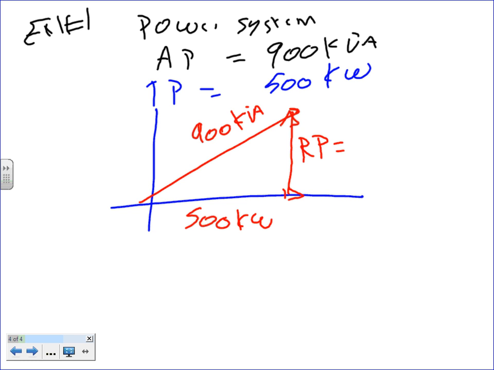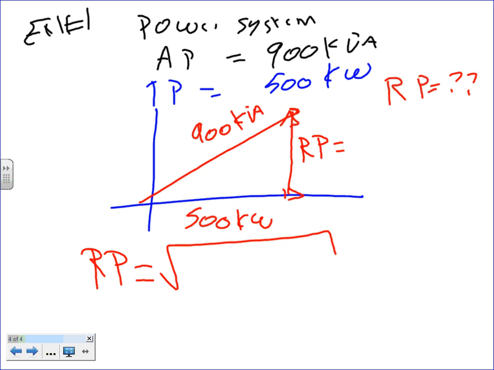Can you guys find the reactive power from this triangle? I have the apparent power and the true power. I need to find the reactive power. Reactive power equals the square root of apparent power squared minus true power squared. Everybody knows how to do that, guys?